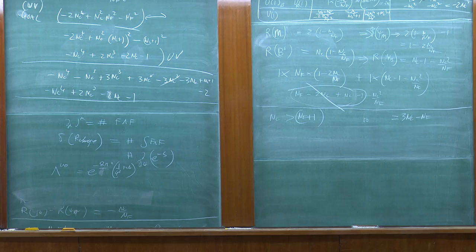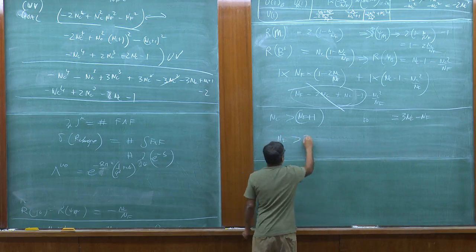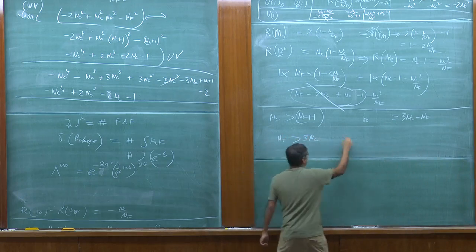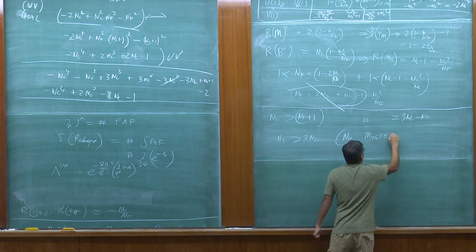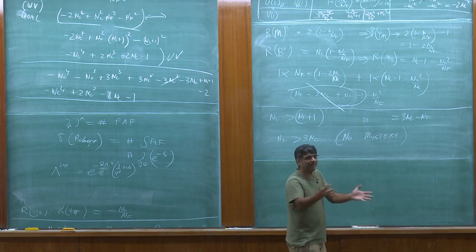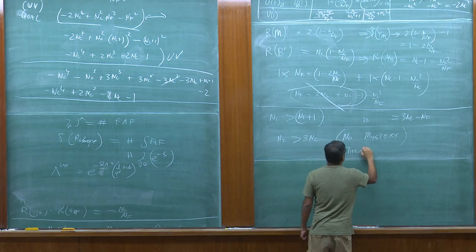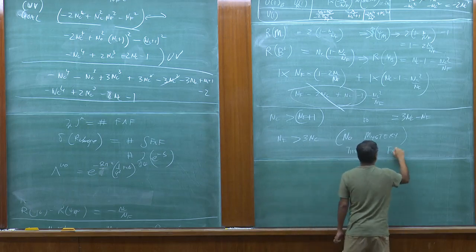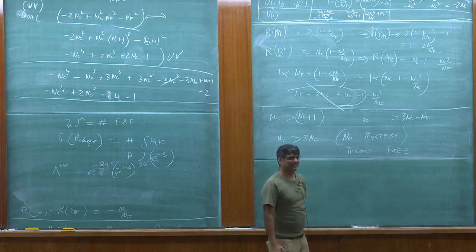So for NF greater than 3NC, there's no mystery. If you give some appropriate meaning to this question, the theory is free.